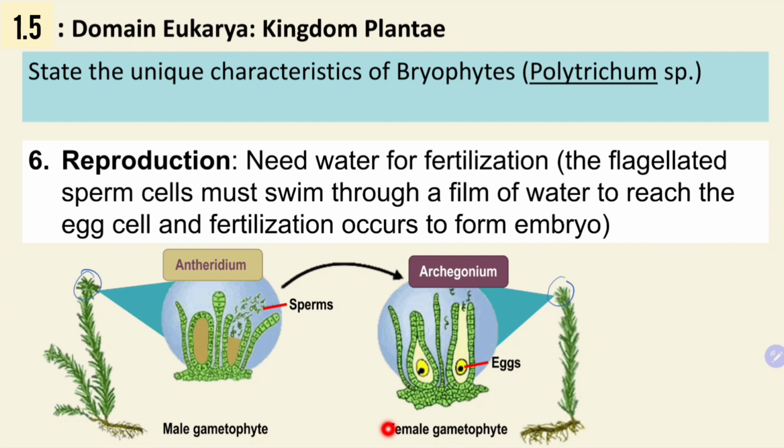Kenapa saya kata swim? Sebab sperm in bryophytes adalah flagellated. So dia memang akan berenang menggunakan dia punya flagella towards the egg. So fertilization will form zygote and the zygote will develop into embryo. Embryo pula akan form the next generation, which is the sporophyte generation, iaitu diploid.